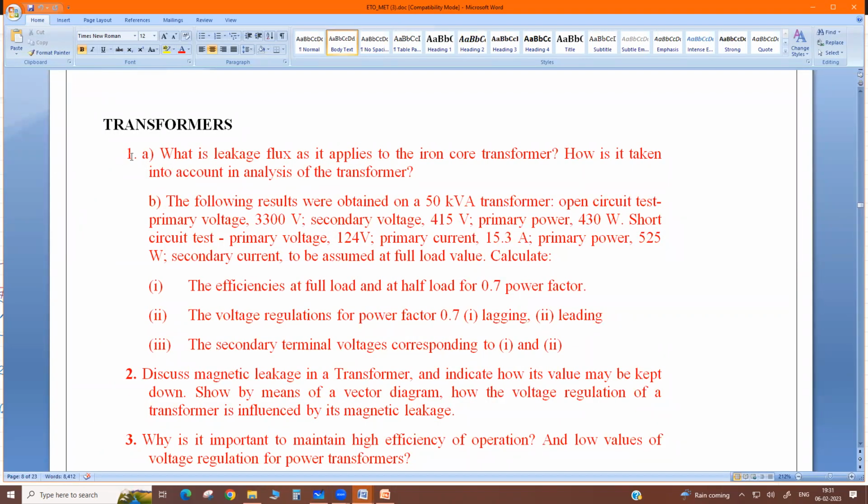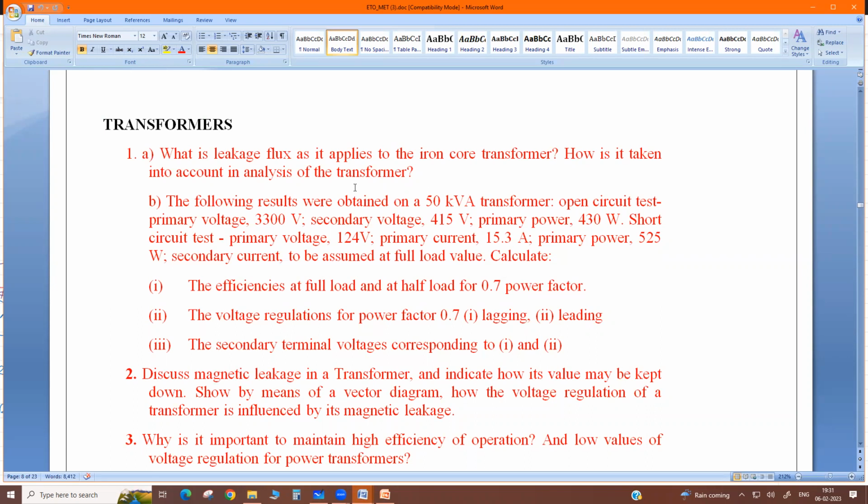Here is the first part: how leakage is implied and how we take it into account in analysis. You can explain that due to leakage flux there is leakage reactance, and there is a drop.